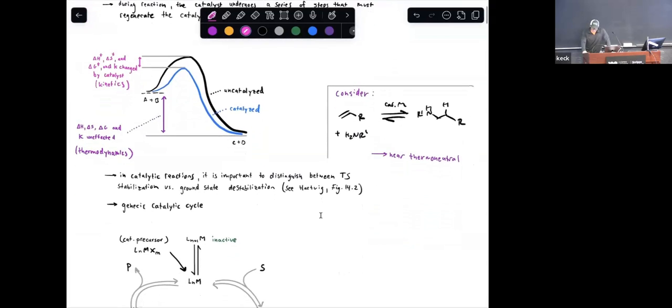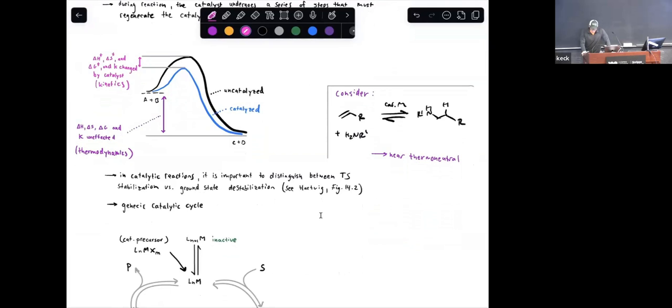So in terms of the potential energy surface, we can take a quick look. And again, the refresher here is that if we consider a model reaction, A plus B goes to C plus D, there are kinetic and thermodynamic descriptors associated with this bimolecular reaction. And the presence or absence of a catalyst doesn't change the thermodynamic descriptors.